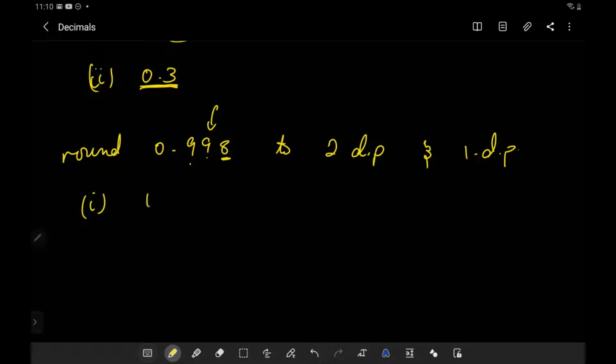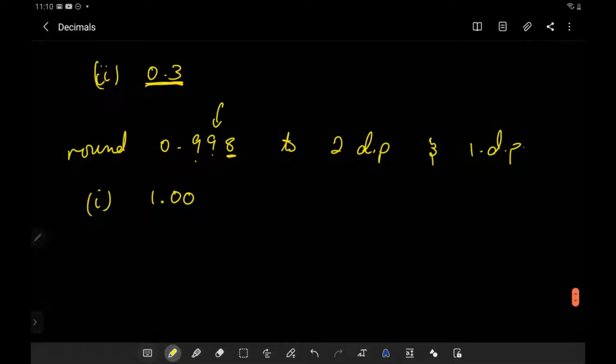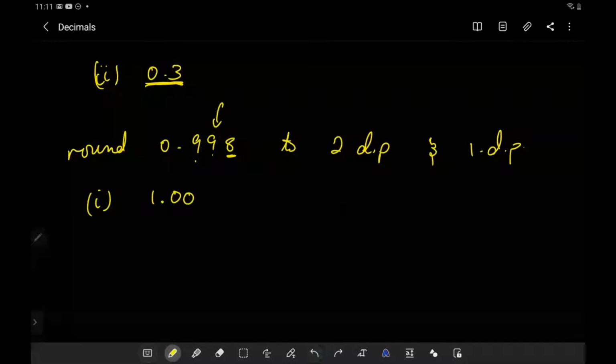So I'll get 1 point. Now they want 2 decimal places, so I have to do 1.00. So this is the round off to 2 decimal places. 1.00, because to write this would make physical sense, as this number is in fact smaller than this number. So you just have to carry the one, just like how you were doing addition and multiplication before.